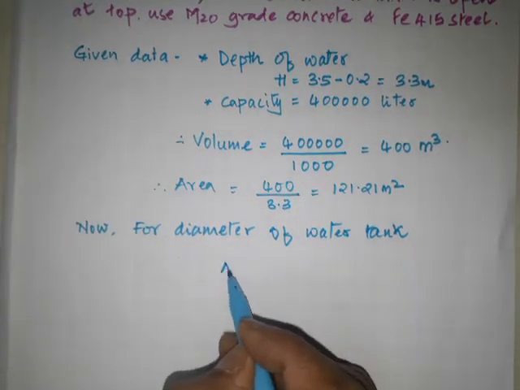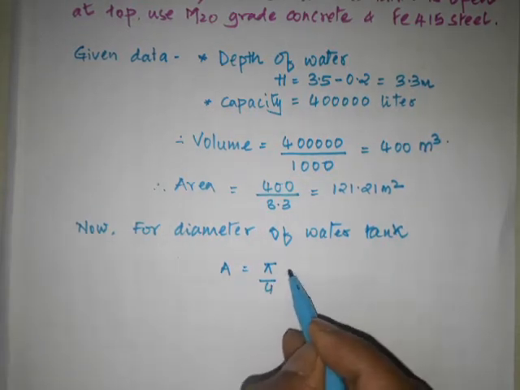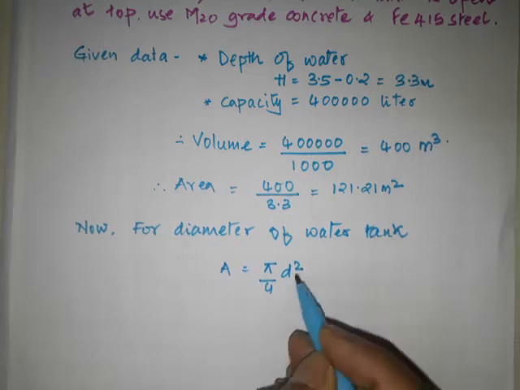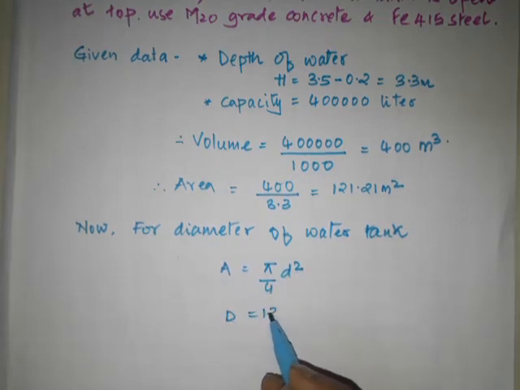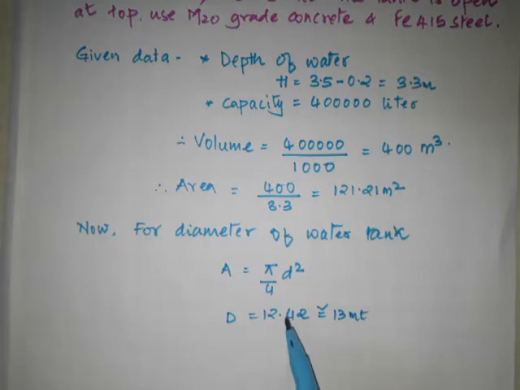A is equal to pi by 4 into D square. From this you have to find out D. It will be 12.42, nearly 13 meter. It is considered as 13 meter. So we have to provide the diameter of the water tank as 13 meter.